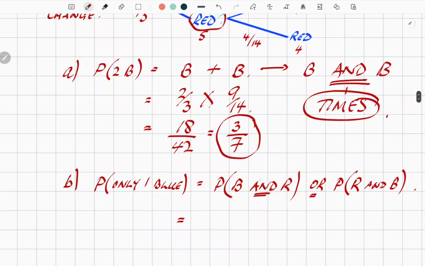So what we've learned about "and" already, the blue, 2/3, and means timesing it, and that is 5/14 for the red. So that is the probability of getting a blue and a red in that order. So order matters. I better put that in there.